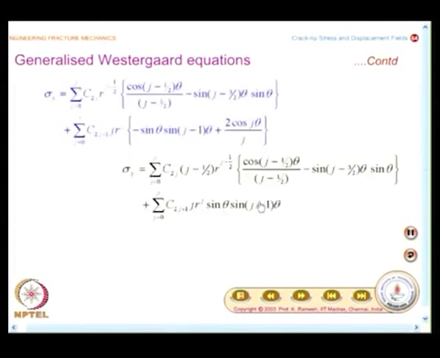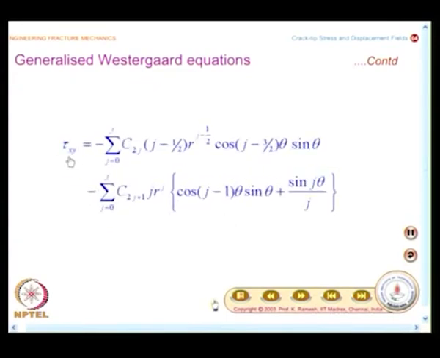Now we will go for shear stress tau xy, that is equal to minus summation j equal to 0 to J of C2j multiplied by (j minus half) r power (j minus half) cos (j minus 3 by 2) theta sin theta, minus summation over j equal to 0 to J of C2j plus 1, j r power j multiplied by cos (j minus 1) theta sin theta plus sin j theta divided by j.